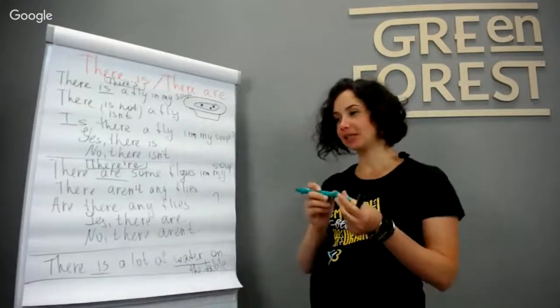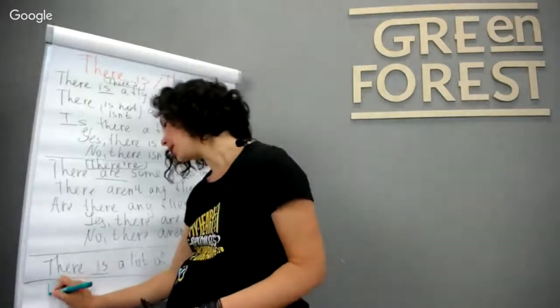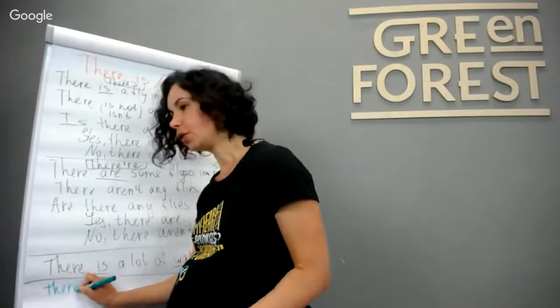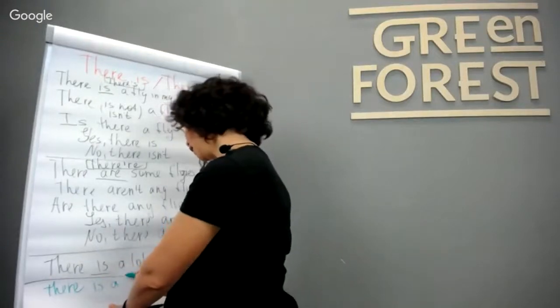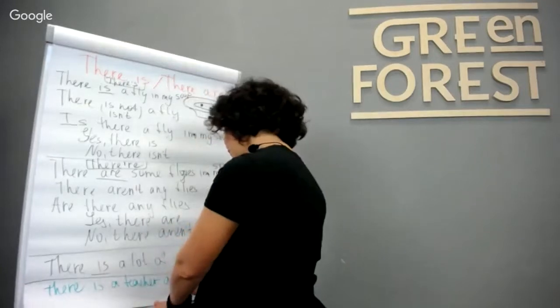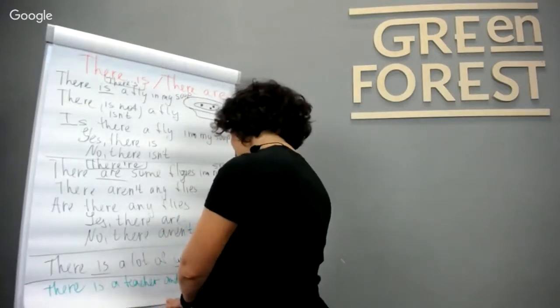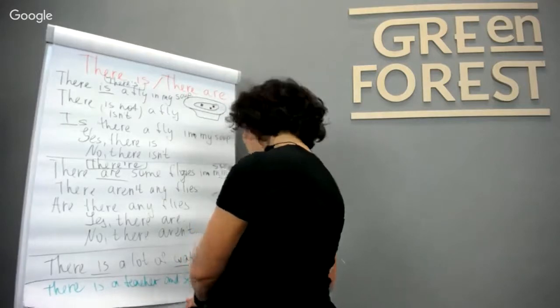I will write it in green because black is getting a little bit not so bright. So, I hope you can see. We say here, there is a teacher and some students in the class.